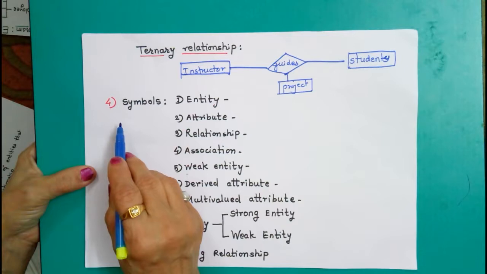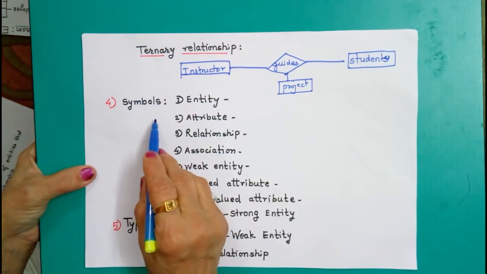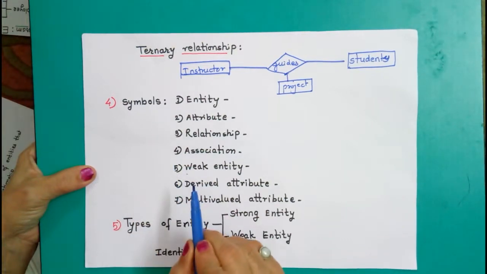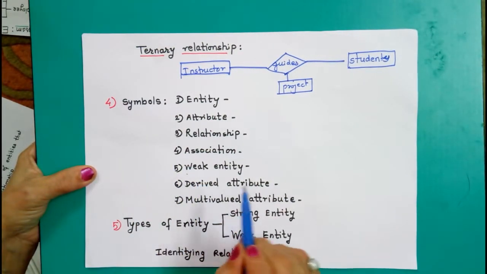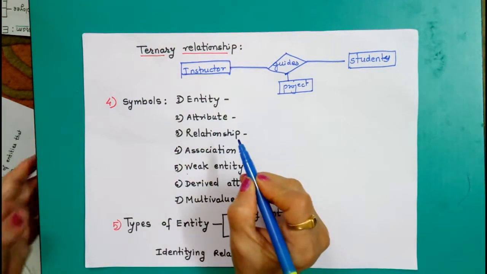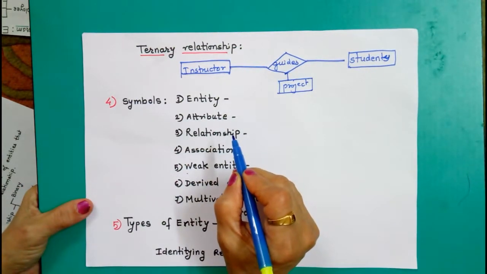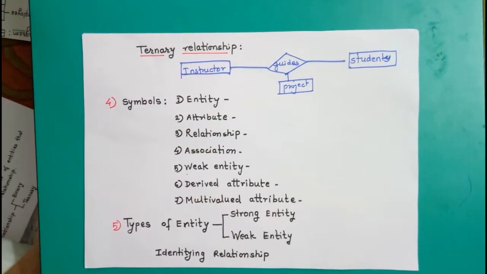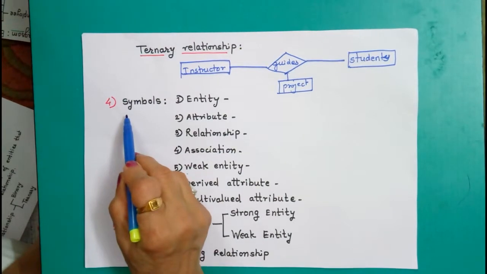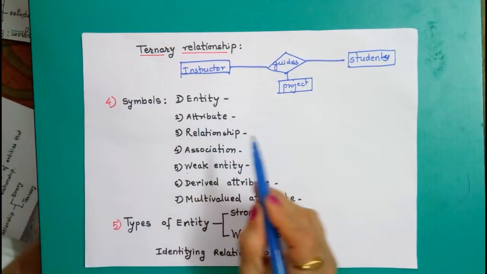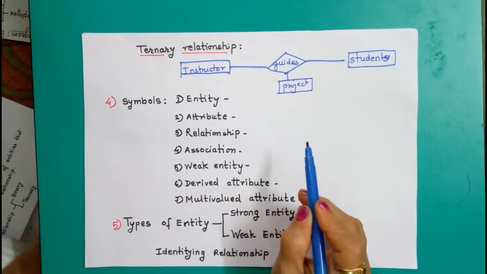The next concept, that is symbols. We are going to discuss now the symbols which are used for drawing any entity relationship diagram.